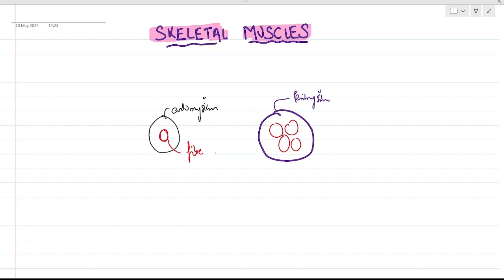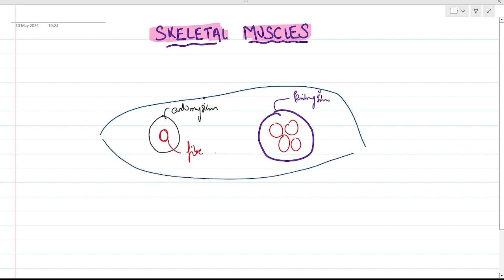Both of these together are covered on their outside by this single layer. Now this single layer composing this covering of endomysium and perimysium, this is called our skeletal muscle.